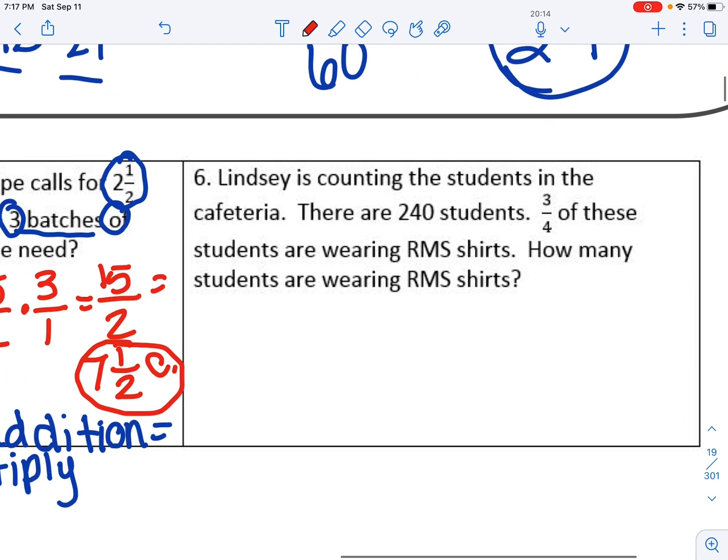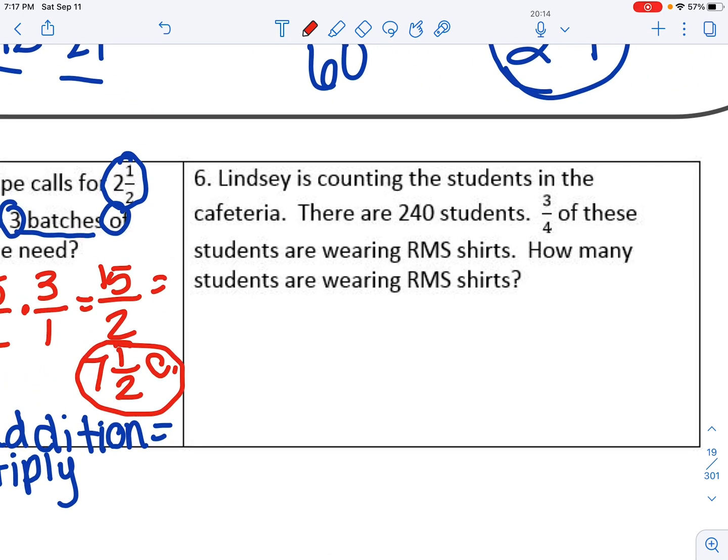All right. Next word problem, number 6. Lindsay is counting the students in the cafeteria. There are 240 students. 3/4 of these students are wearing RMS shirts. How many students are wearing RMS shirts?